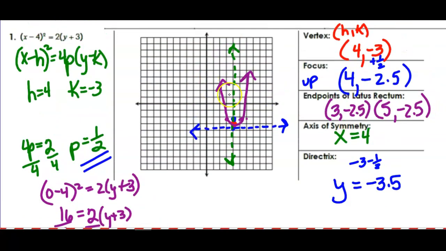All right, y is 5, 1, 2, 3, 4, 5. So by here, this parabola would be that wide. And we could use the axis of symmetry to find another point over here. I didn't do a very good job.